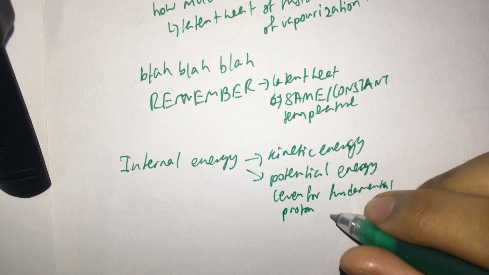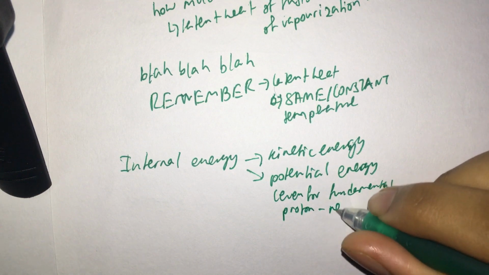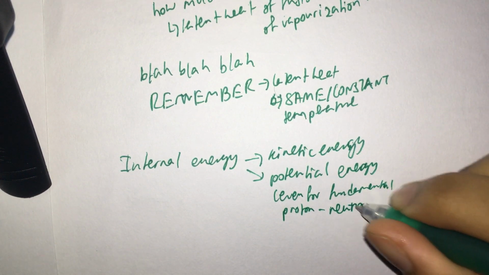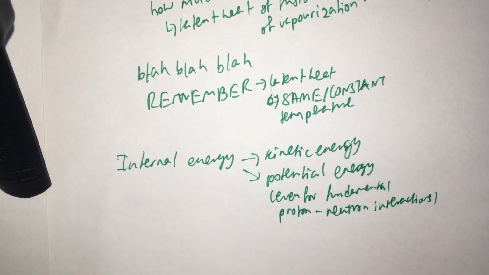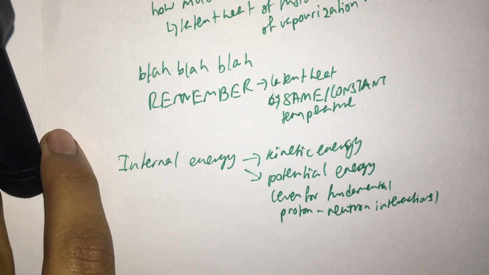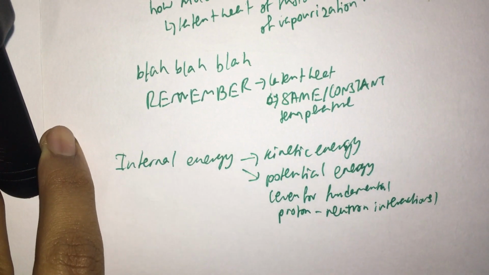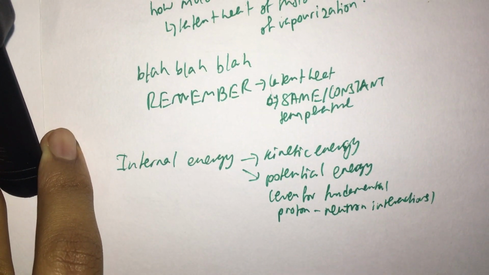So the internal energy of that system will be the sum of the random distribution of kinetic and potential energies of all of the molecules in the system, because the internal energy is just equal to whatever energy the molecules actually have in the system, and that will be the kinetic and potential energy.